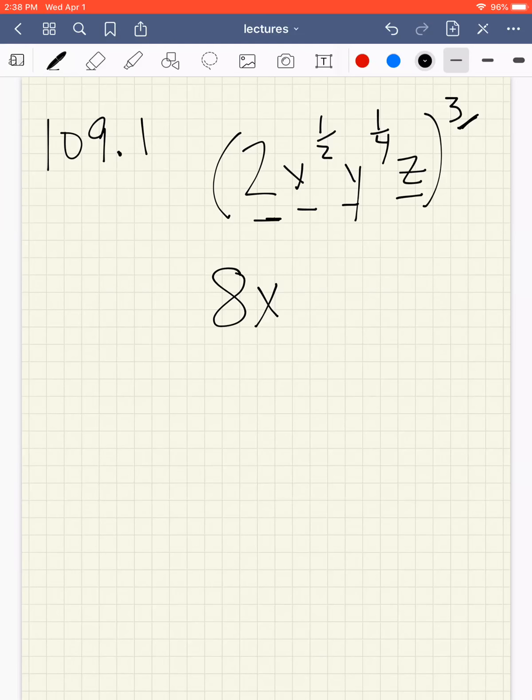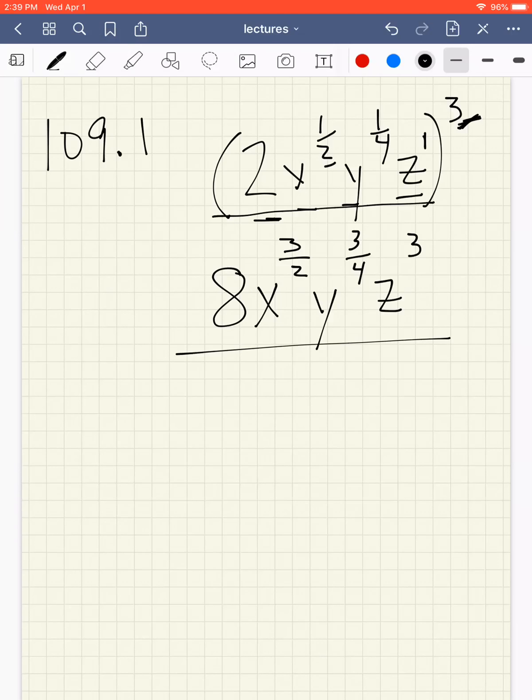So here we have to say 1/2 times 3 is 3/2, times y to the 1/4 times 3 is 3/4. Z, remember there's an understood 1 if there's no exponent there, so z to the 1 times 3 is 3. That's all we were doing there because this was one single term being raised to the third power.